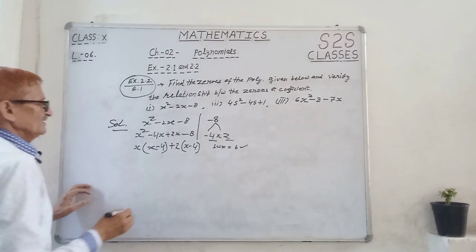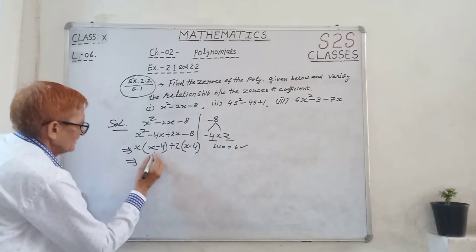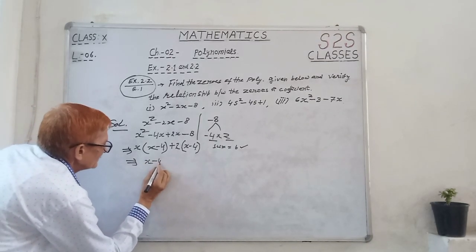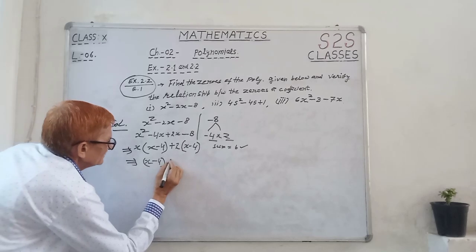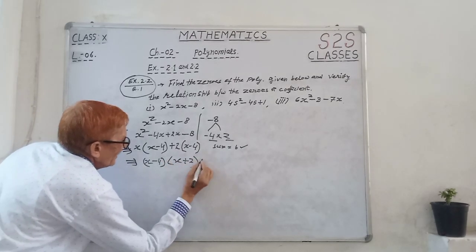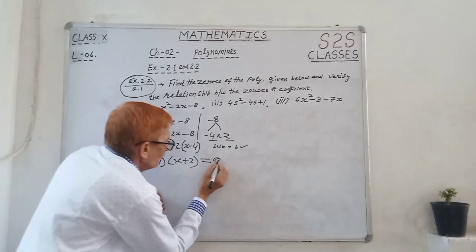Done. Now this implies one factor is x -4, the other factor is x +2, and we say 0.